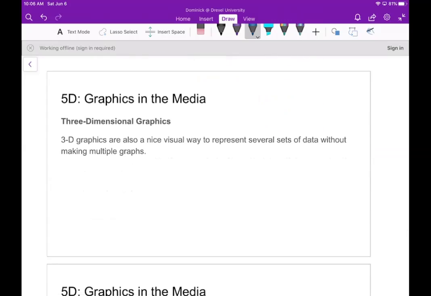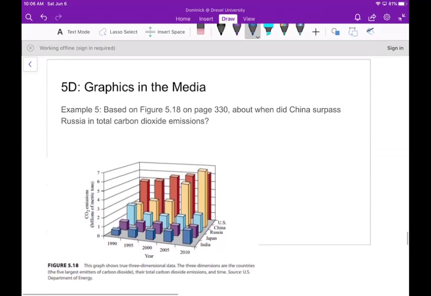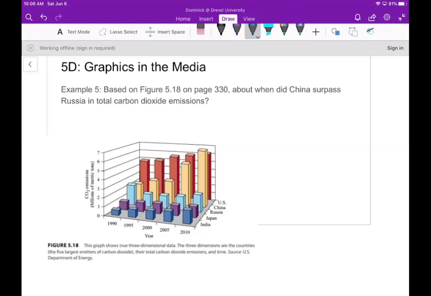Okay, now the next type of graphics that we'll talk about involve utilizing three-dimensional graphics. And they're a nice way to visualize and represent several data sets without having to make multiple graphs. So for example, based on this figure, about when did China surpass Russia in total carbon emissions, right?